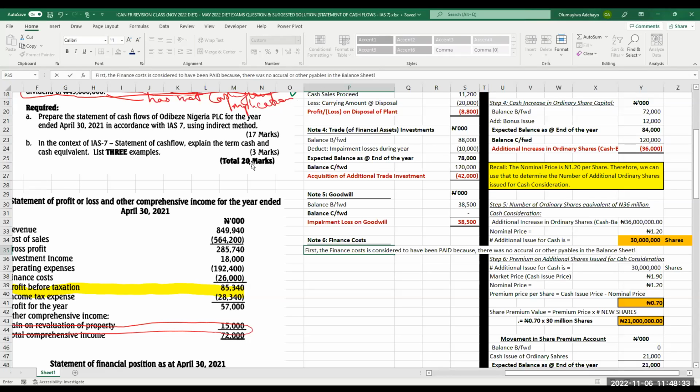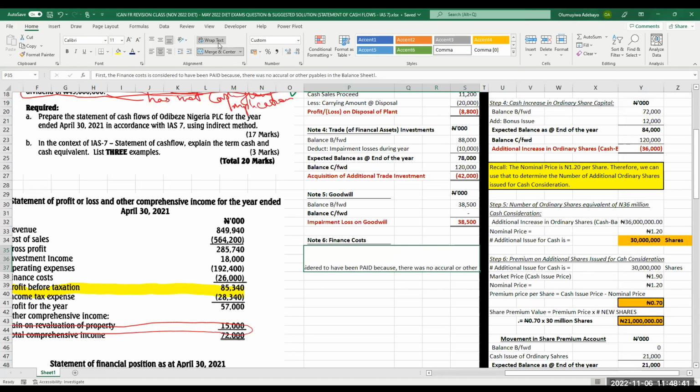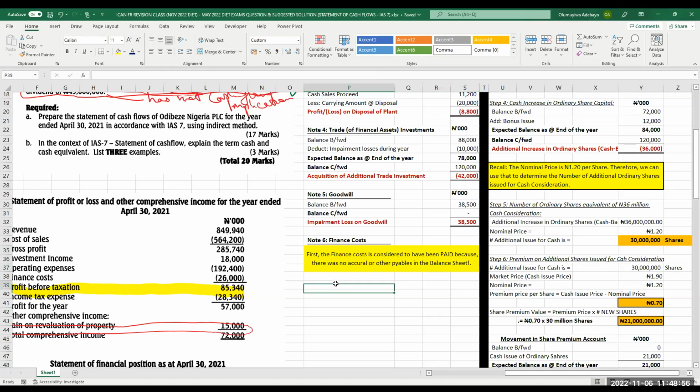Therefore, that is so clear to us, which means such has been paid, because if it had not been paid, it would have been in our balance sheets. That's the first thing we need to take note of.